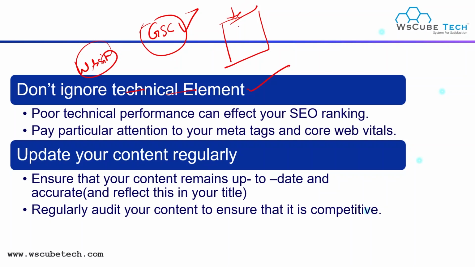So you have to focus on your technical elements as well because poor technical performance can affect your SEO ranking. Pay particular attention to your meta tags and your core web vitals. These are also part of your technical elements which you can monitor through your Google Search Console.